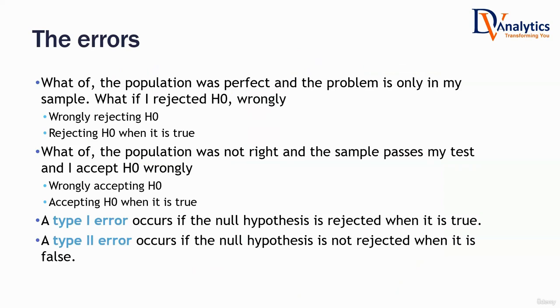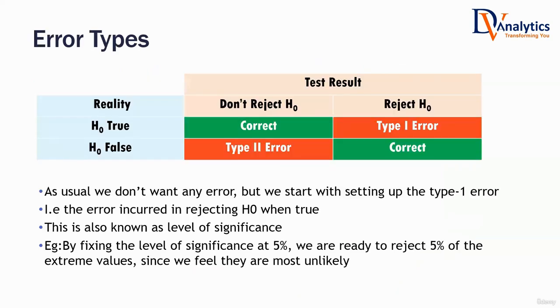We want to minimize both of them as much as possible. The reality is H0 is true, but you have rejected H0, that is type 1 error. The reality is H0 is false, but you have accepted H0, did not reject H0, that is also an error. We want to minimize both the errors, but generally what we tend to do is keep 5% as the type 1 error.